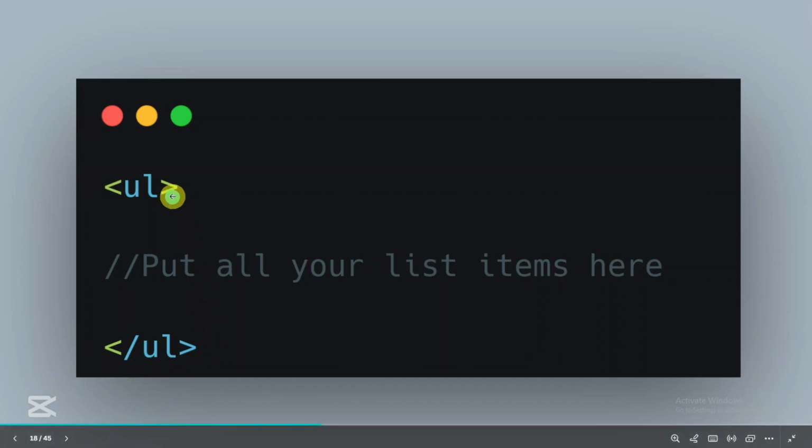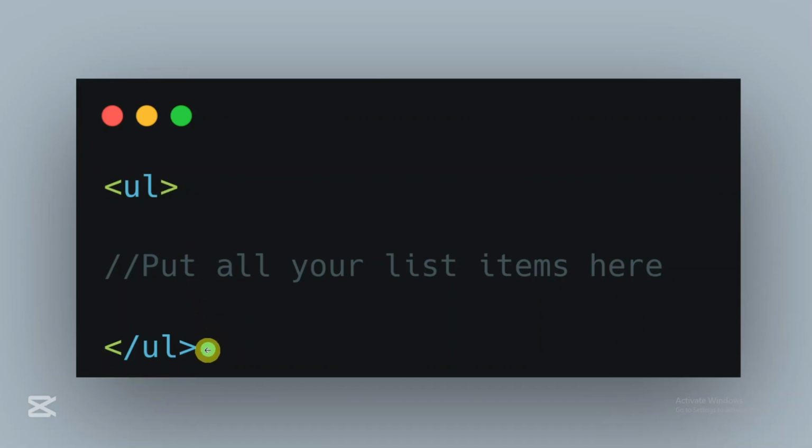That indicates to our web browser that we are dealing with an unordered list. Now, all the items you'd want to display should be between the opening UL and the closing UL.